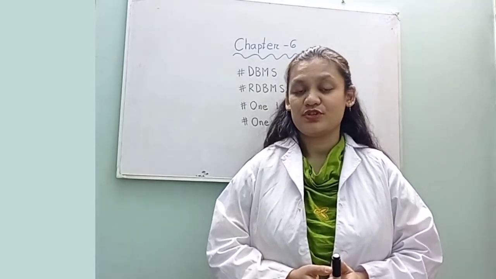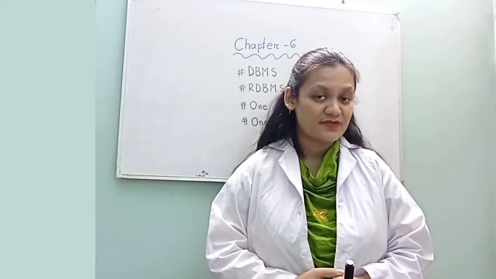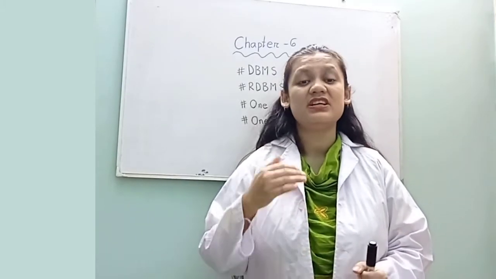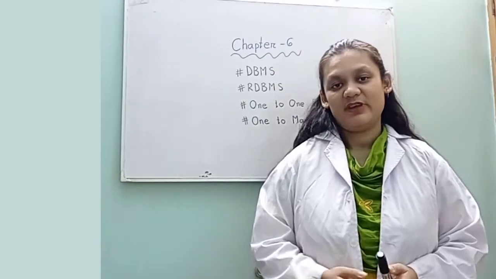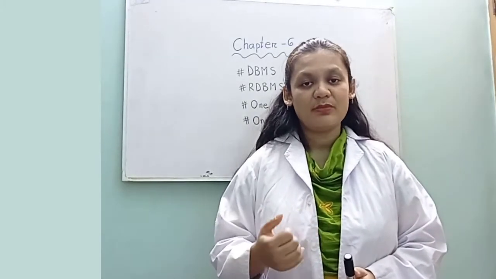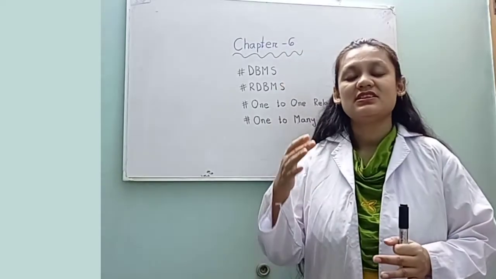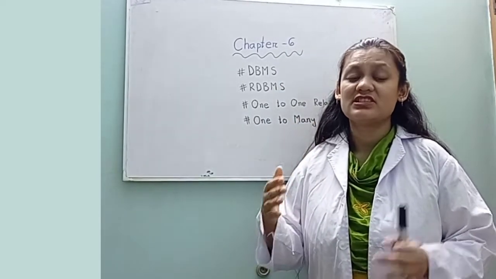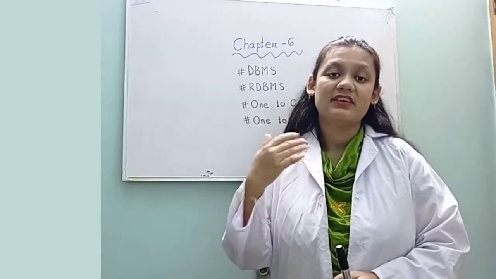Now the second portion is what is RDBMS. RDBMS stands for Relational Database Management System. RDBMS is the combination of different types of tables. It is basically used to make the relation between the tables.